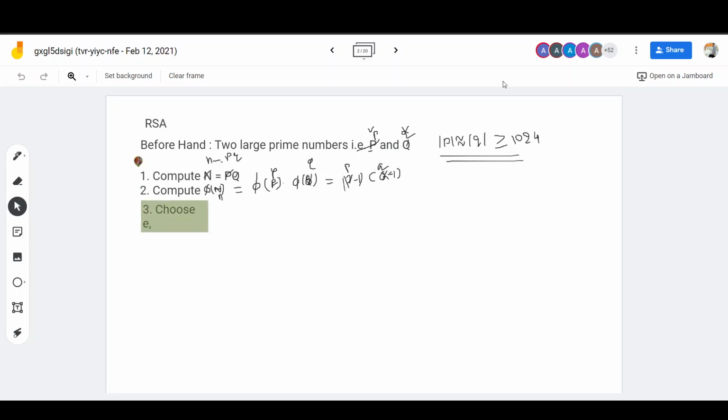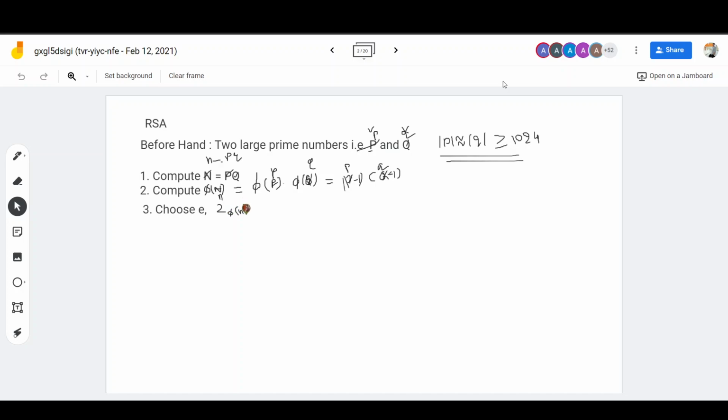Choose any number e from Z pi of n. I can write it like this: e belongs to Z pi of n.